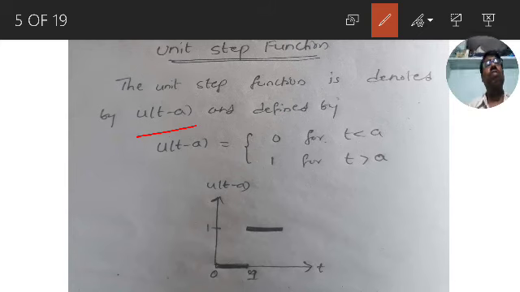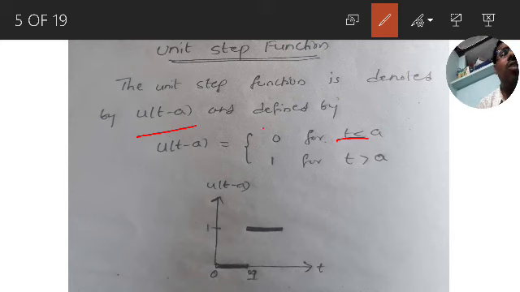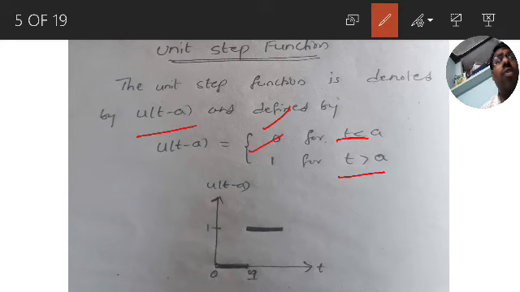And how is it defined? If t is less than a, the value is 0, and if t is greater than a, the value is 1. If we say this is the value a, then for t less than a it is 0, and for t greater than a it is 1.